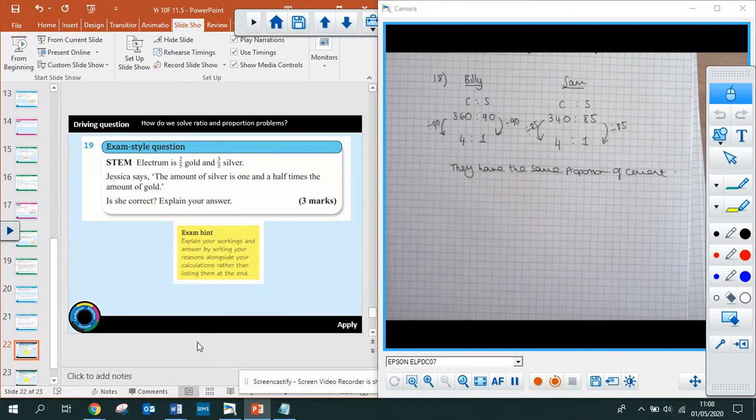Is she correct, and explain your answer? Okay, your hint says explain your workings and answer by writing your reasons alongside your calculations rather than listing them at the end. So as you go, explain your answer.